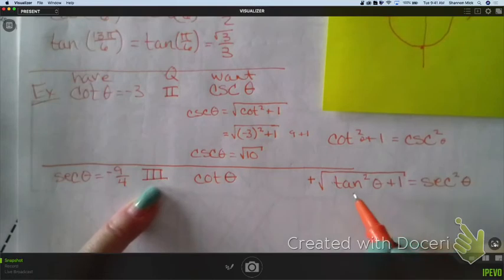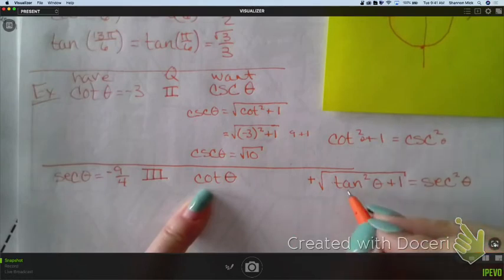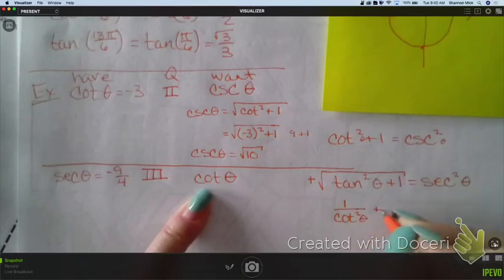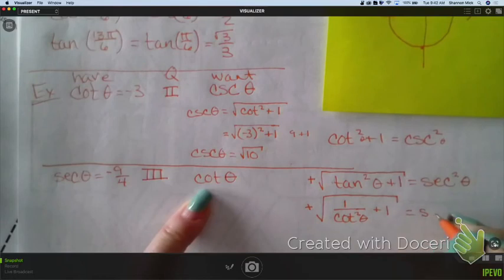So now we need to get tangent into cotangent, don't we? So tangent is 1 over cotangent, correct? Because that's our reciprocal identity, isn't it? Okay. And once I took the square root, that's going to be equal to secant.